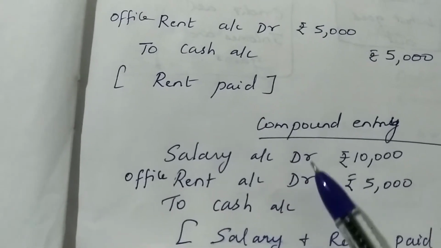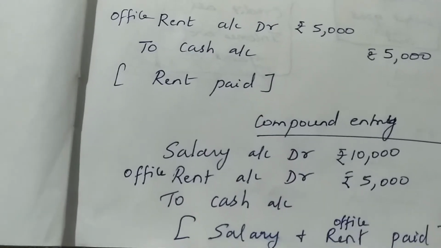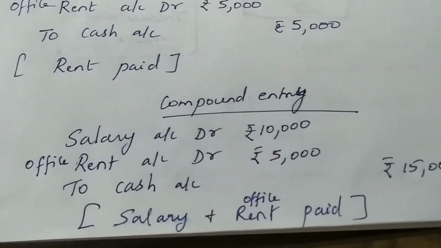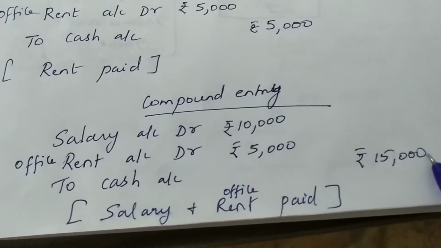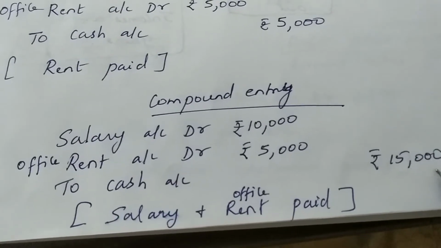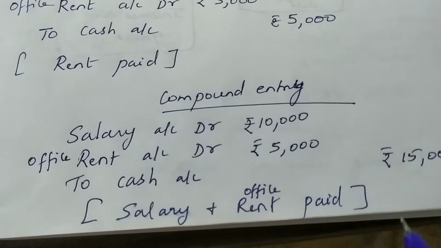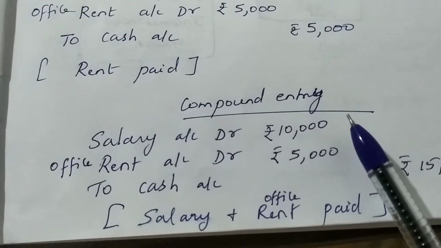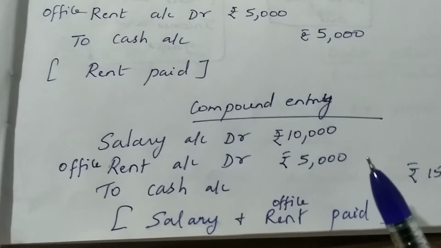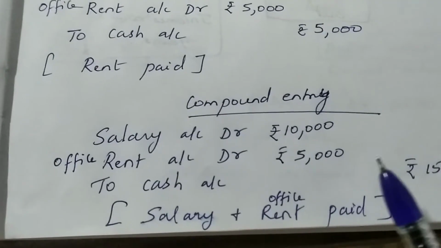For these two payments, a total of 15,000 is paid, so cash is moving out of the business to the extent of rupees 15,000. This is how you can club two transactions which are of similar nature.